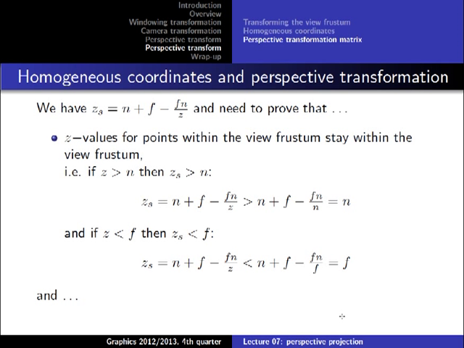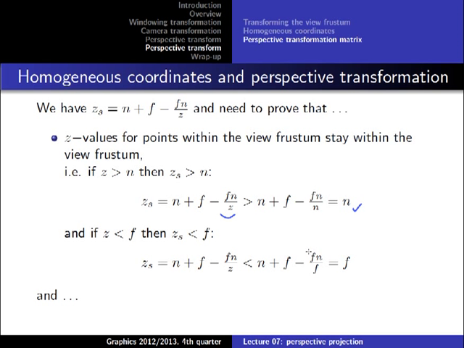Now another thing we have to check is, does it keep the z values that are in the view frustum or does it push them out or in front of the near plane? And that we can see again by this very simple proof. If the z value is larger than n, then for z we can have a bound, because if it gets larger, then this gets only smaller, which means if we set n here instead of z, we have an upper bound. So this must be larger than n.